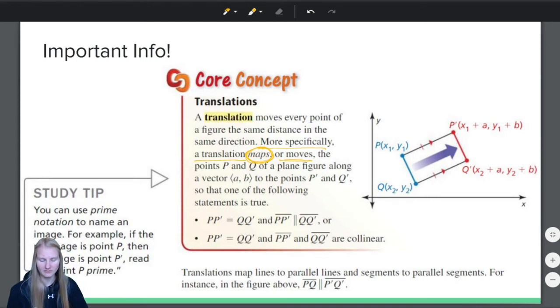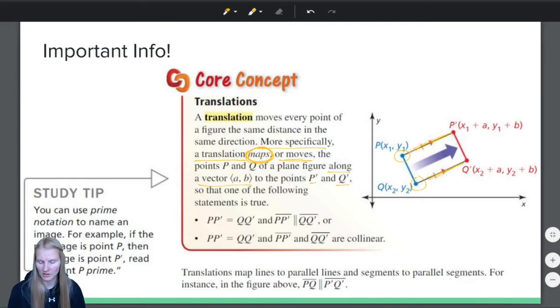So a translation maps the points P and Q of a plane figure along a vector to the points P prime and Q prime. So if this segment PQ is the segment we're starting with, points P and Q, or the endpoints, move along a vector.